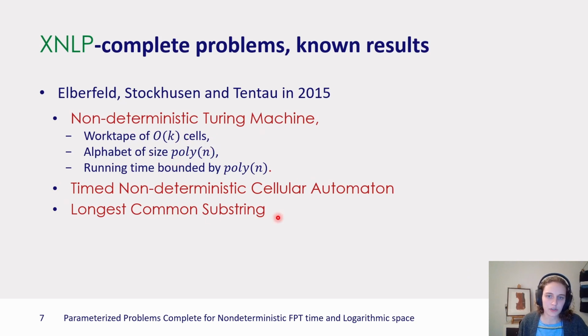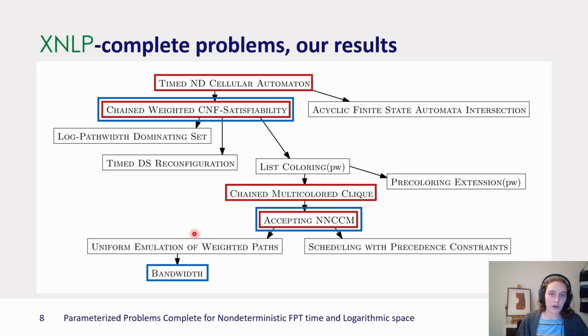And then they also found completeness for some type of timed non-deterministic cellular automaton. And then there's the longest common substring. So in that problem, you're given a number of strings, and the number of strings is actually the parameter. So k is the number of strings that you're given, and you want to know the longest common substring of these strings.